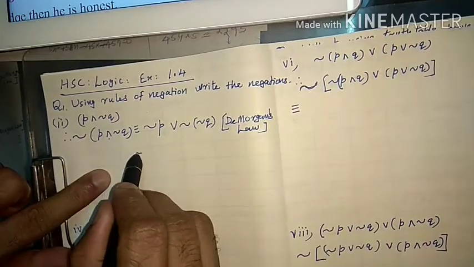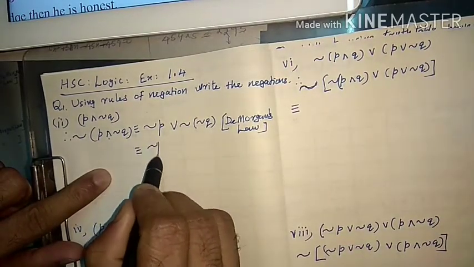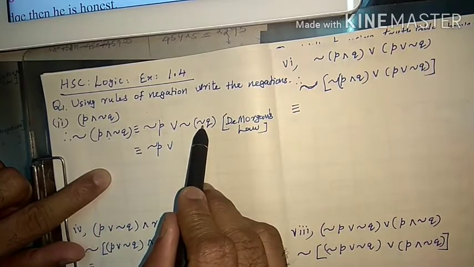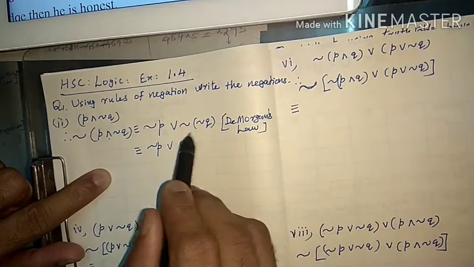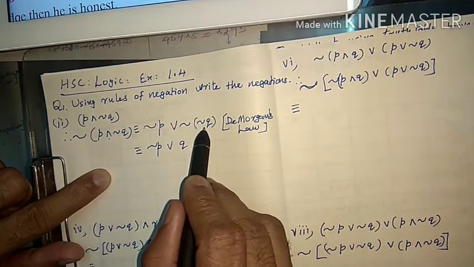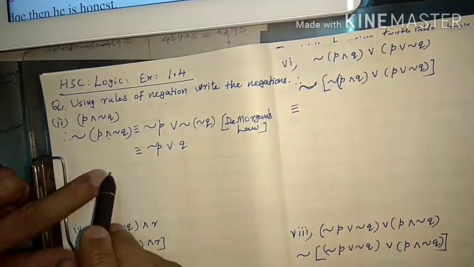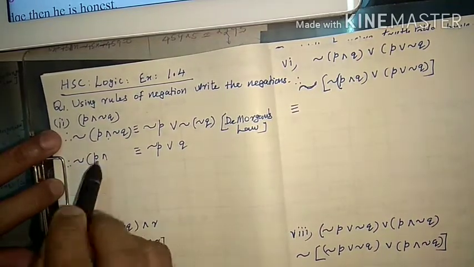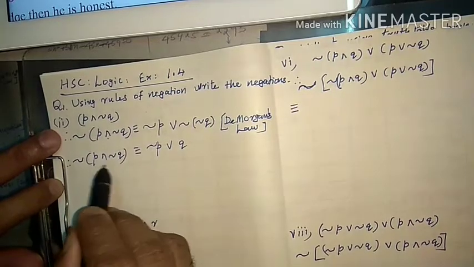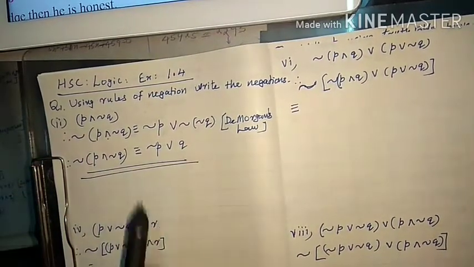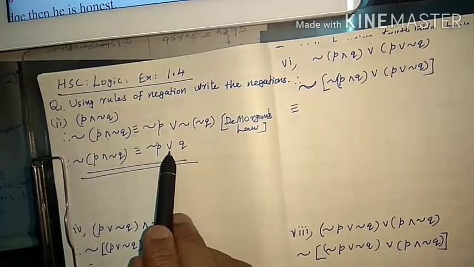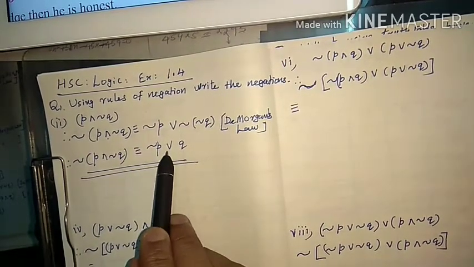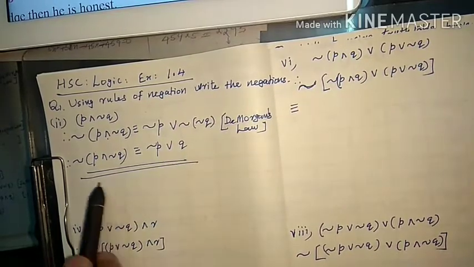Now this is equivalent to negation P, disjunction, negation of negation Q, which is Q only. Negation of a negation is that statement itself. Therefore, negation of P conjunction negation Q is equivalent to negation P, disjunction Q. That is first one.